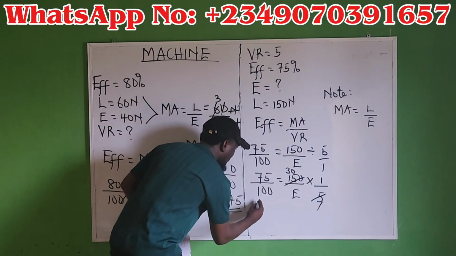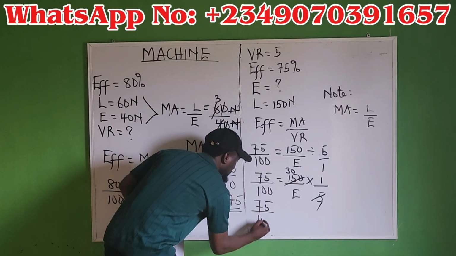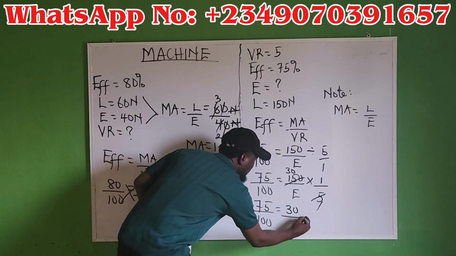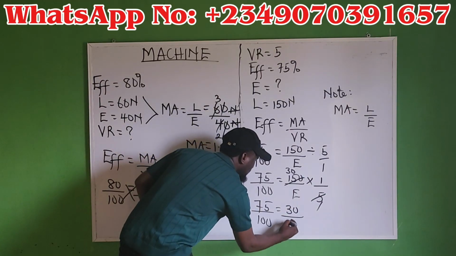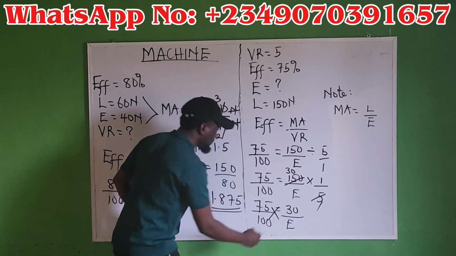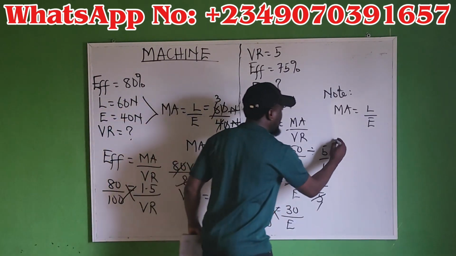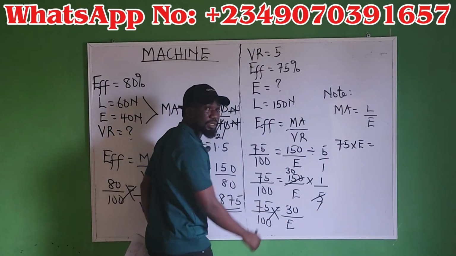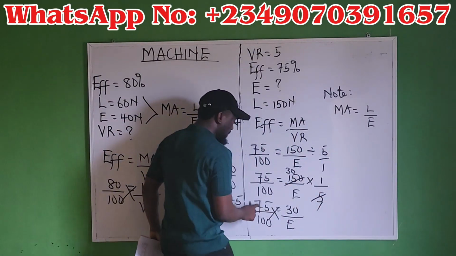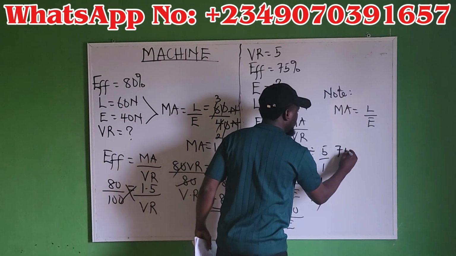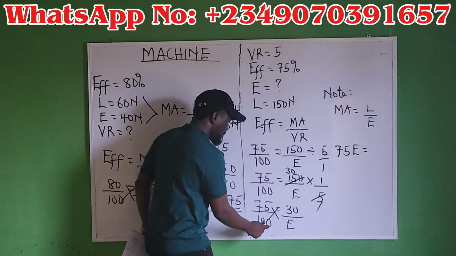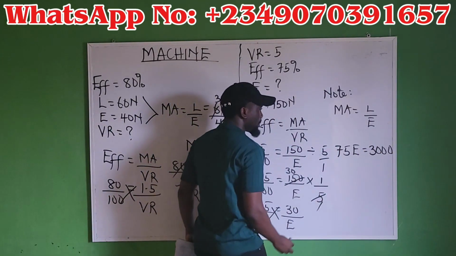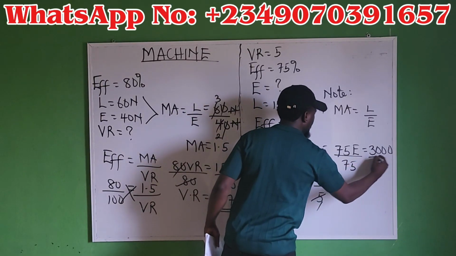So we have 75 over 100 equal to 30 times 1, that is 30, divided by E times 1, that is E. If you cross multiply, we have 75 multiplied by E, which is 75E, equal to 100 times 30, which will give us 3,000. So looking for E, divide by 75.